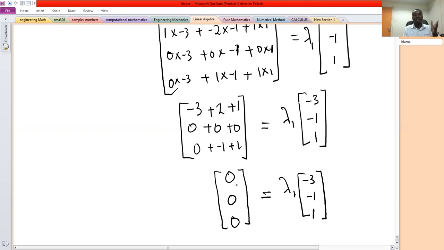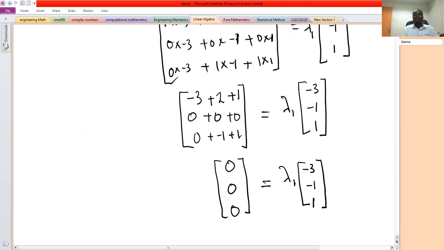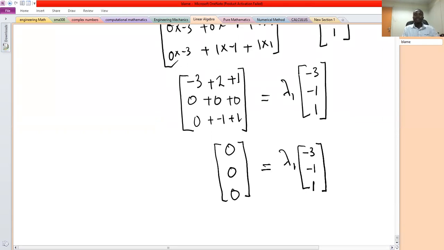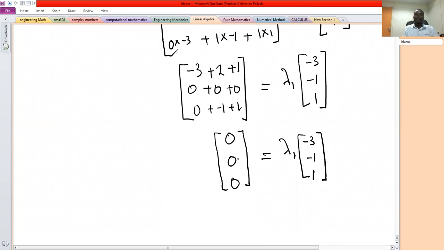So it can be 0, but the eigenvector itself is minus 3, minus 1, 1. And you see, this is the same thing as writing 0 times minus 3, minus 1, 1 equals lambda 1 times minus 3, minus 1, 1.